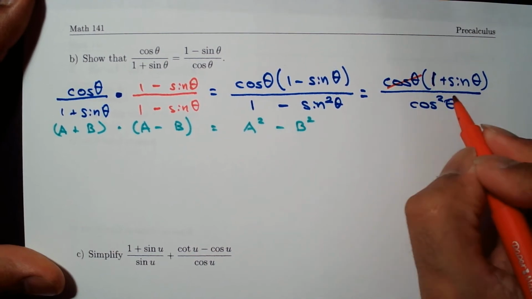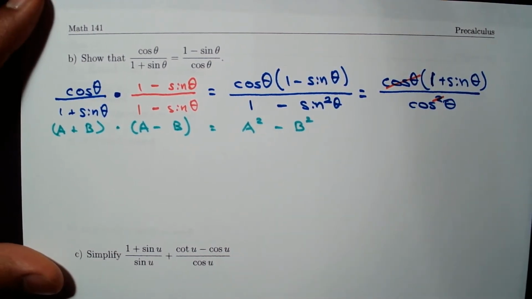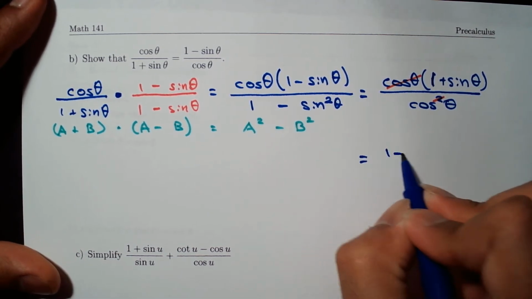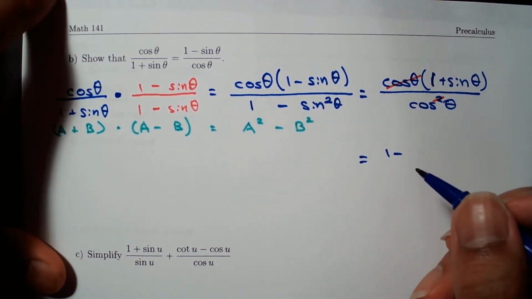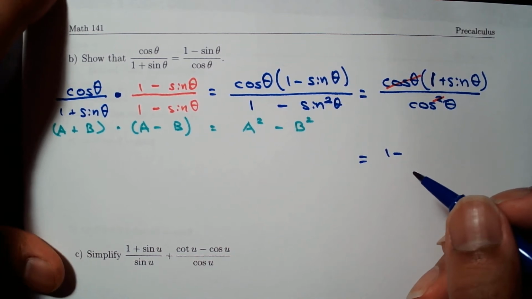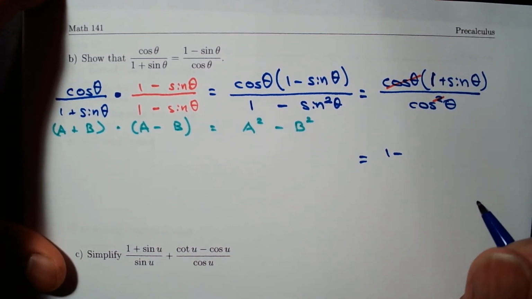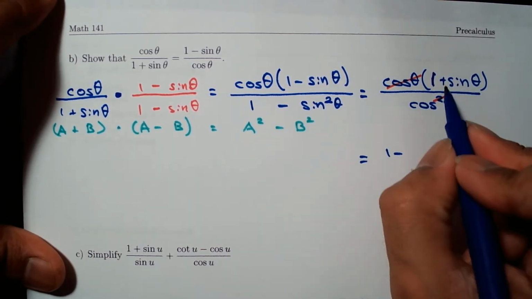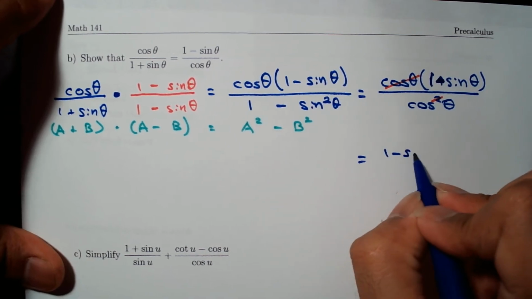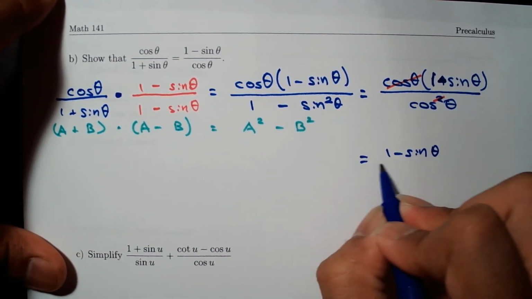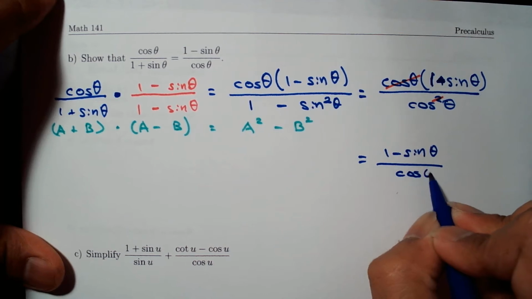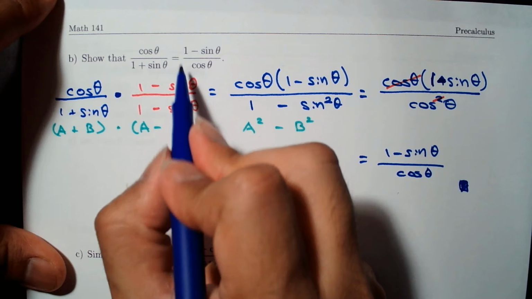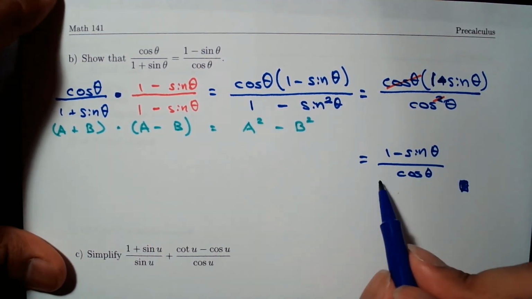This cosine right here will be cancelled with one of the powers there. And we're going to be left with 1 minus sine theta over cosine theta, which is exactly what we wanted to show, isn't it? It's right here. That's what we wanted to obtain.